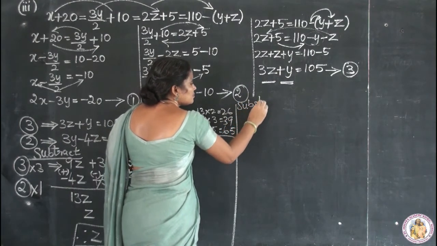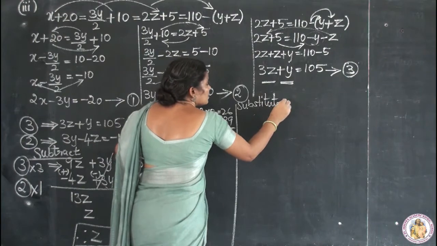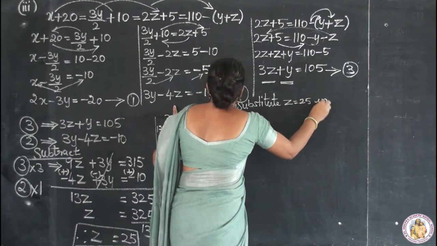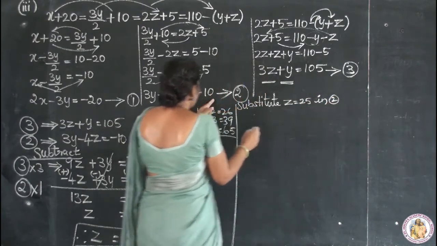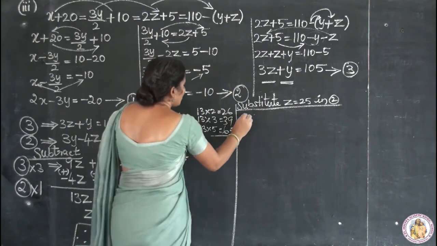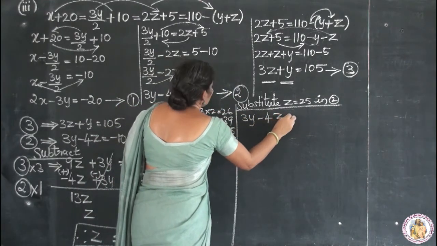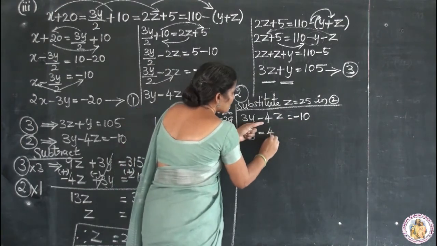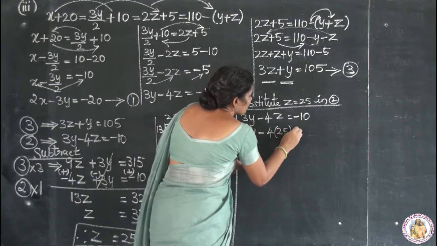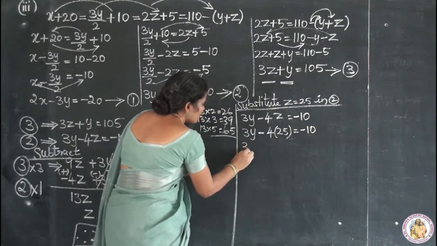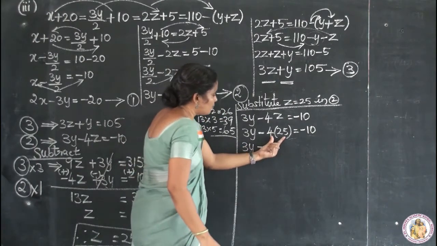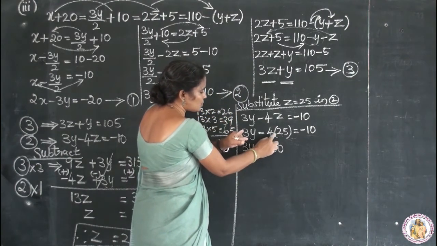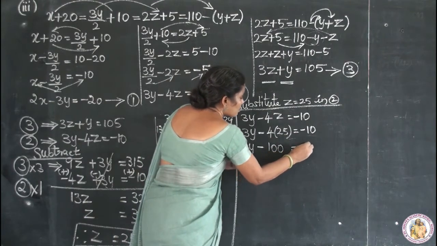Substituting z is equal to 25 in the second equation. 3y minus 4z is equal to minus 10. 3y minus 4 into 25 is equal to minus 10. 3y minus, 4 into 25 is 100. 5 fours are 20, 0, 2, 4 twos are 8, plus 2 is 10, so 100, is equal to minus 10.